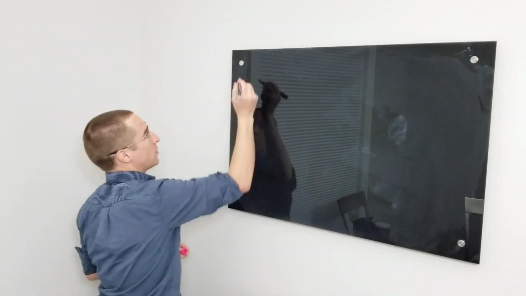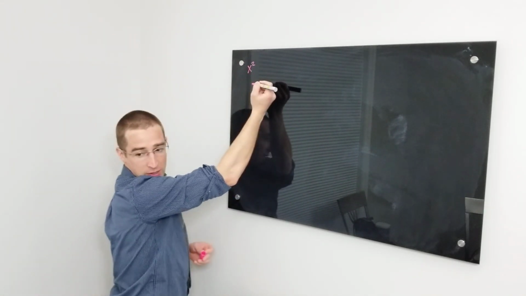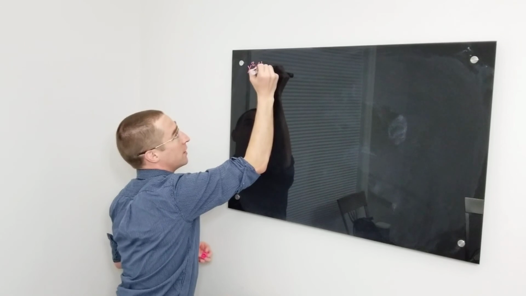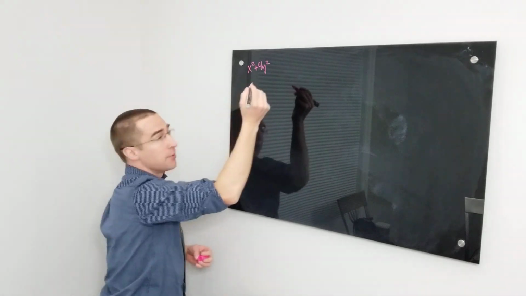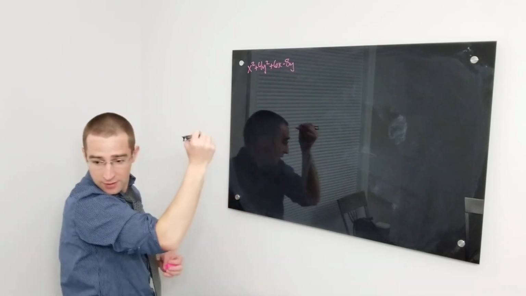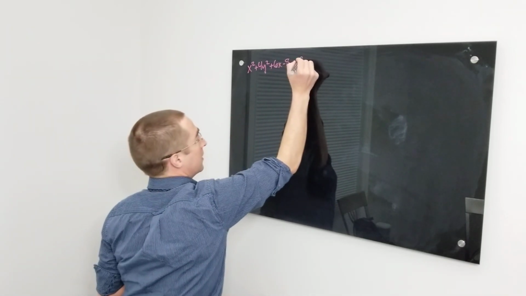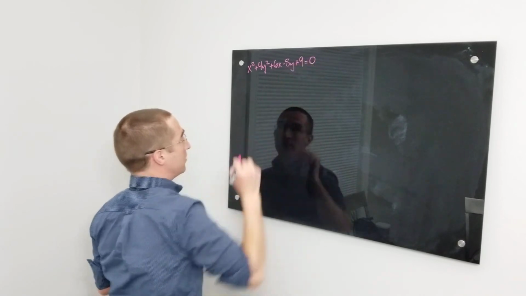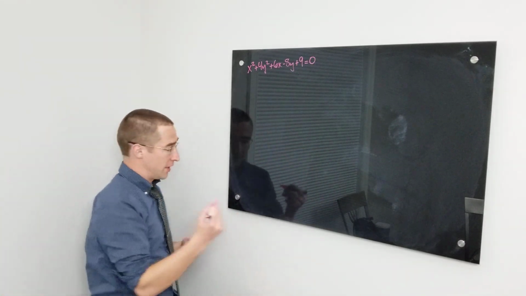So we've got this equation, which is x squared plus 4y squared plus 6x minus 8y plus 9 equals 0. What we want to do is write the equation in standard form. So we're going to have the equation.